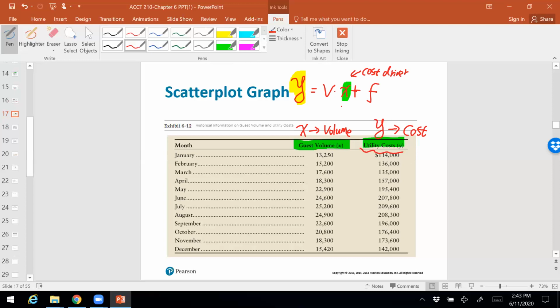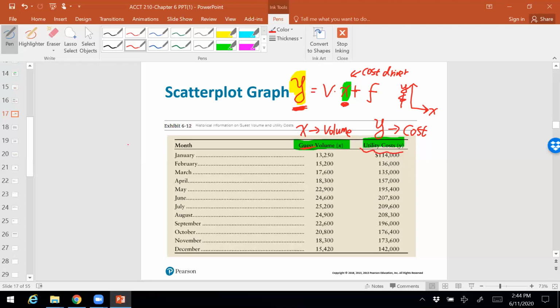We want to say how the volume, in our example the number of guests, will affect our total cost. So our Y is always the total cost, the dollar amount. The X is just the volume.